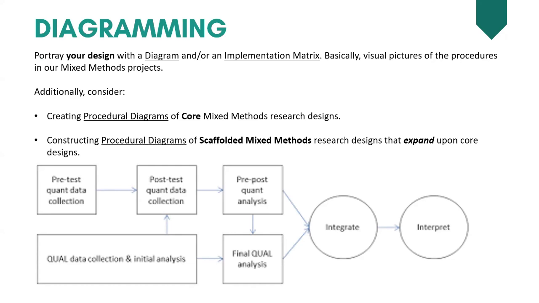It could be a procedural diagram of the core mixed methods designs, or it could be a procedural diagram of how we scaffold those mixed methods. How do they work into each other? So that kind of brings in a temporal or a time-based element to it. Either way, it's a roadmap for you. And I think this is a very valuable roadmap to be able to have.